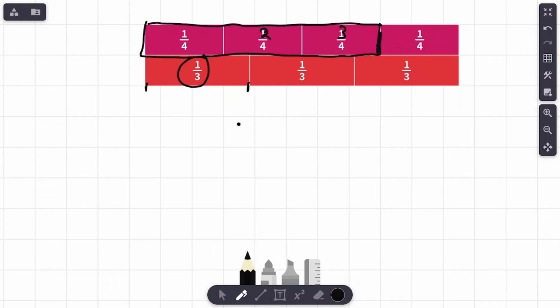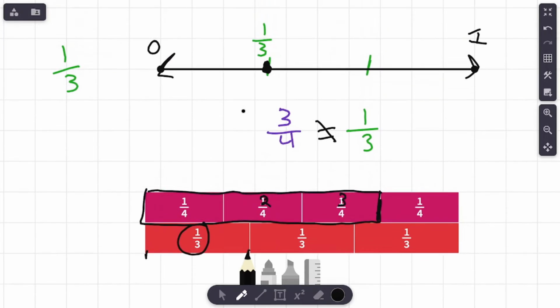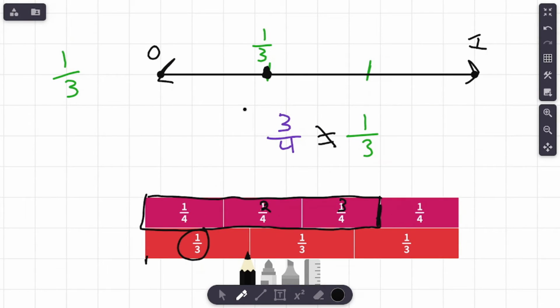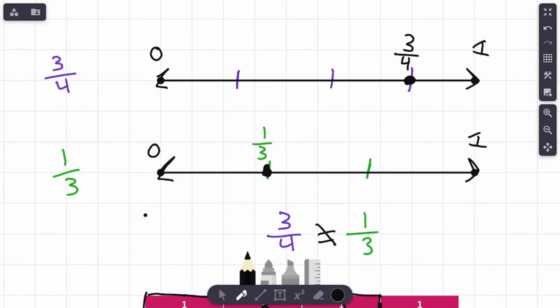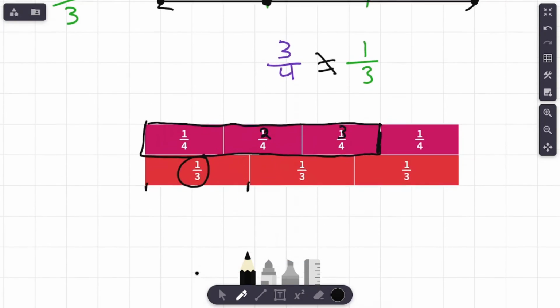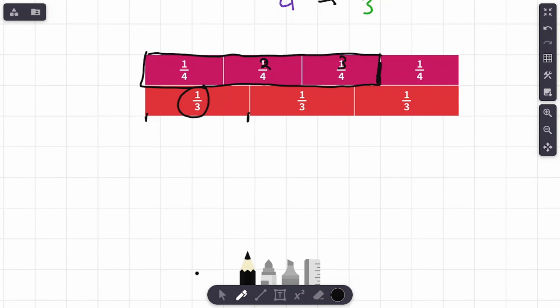Which one is bigger? Well, you can probably tell that already. 3/4 is bigger. They are not equivalent fractions. That is the big thing I want you to understand: if they are not the same size, if they are not located equal distance on this number line, they are not equivalent fractions. There's the fraction bar as well. Okay. Again, if any of this is confusing, tune into our other video where we explain it in more detail.